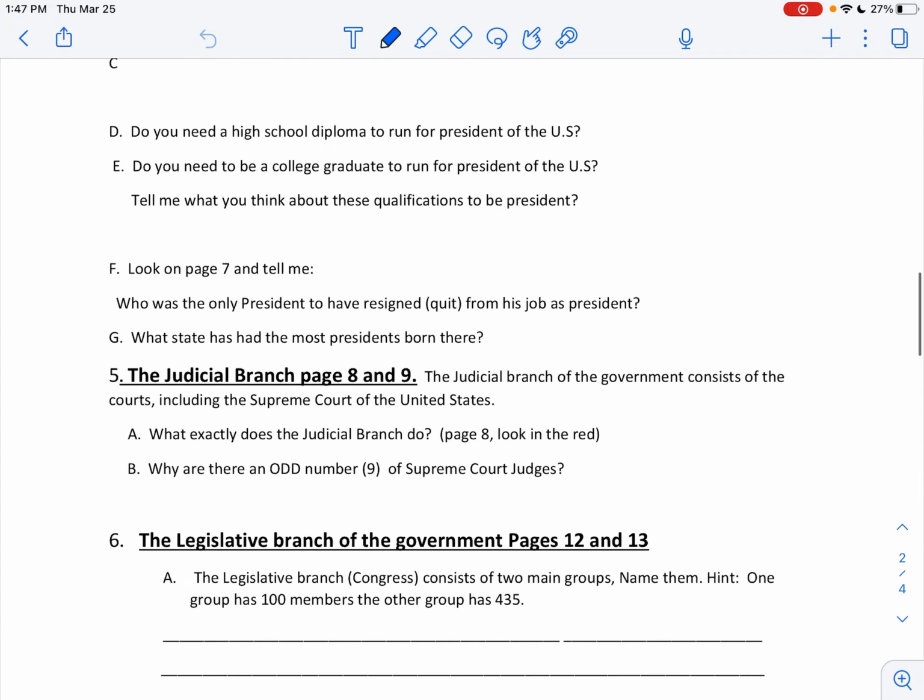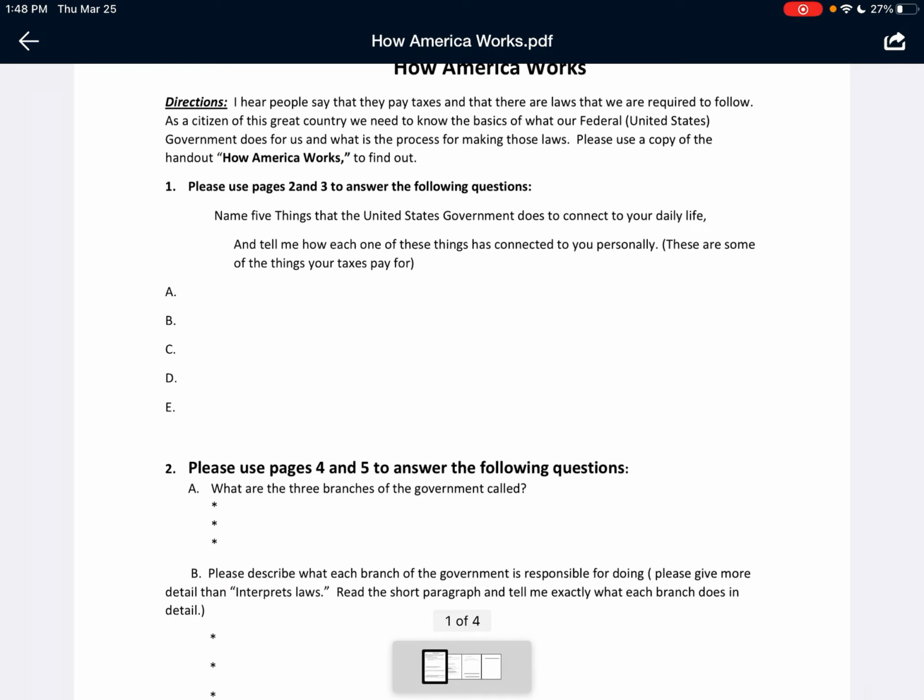With this assignment, I've given you copies of this handout to look at. The first one says use pages 2 and 3 to answer the following questions. Name 5 things that the United States government does to connect to your daily life.